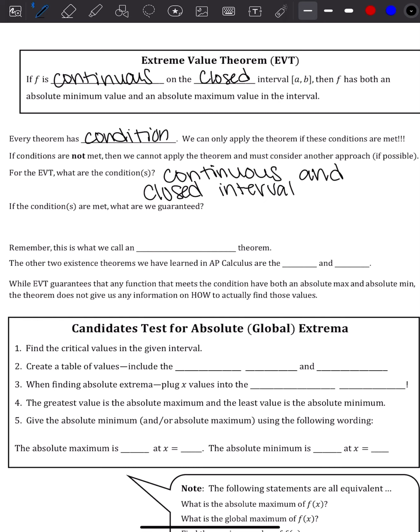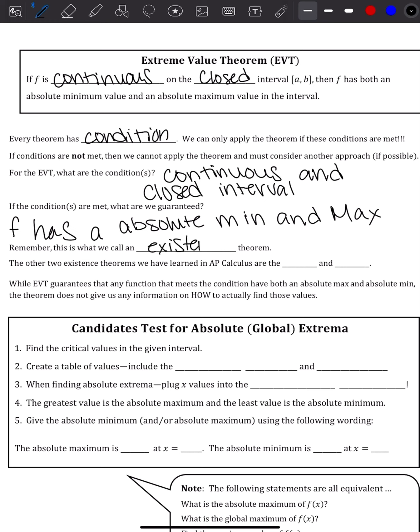If the conditions are met, we are guaranteed to have a minimum and maximum, specifically an absolute minimum or global. We call this an existence theorem. The other two existence theorems we already said are MVT and IVT.